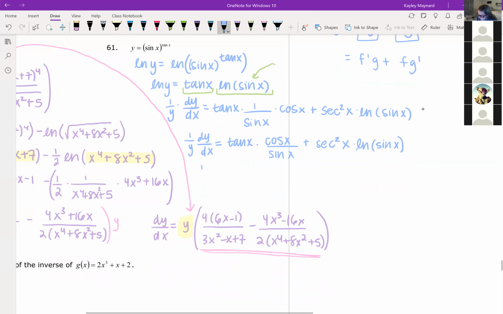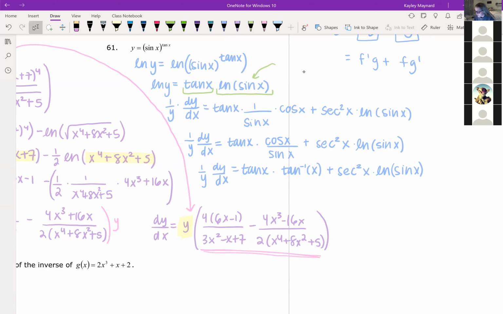So this is 1 over y dy dx, and then this is tangent x times cotangent x, plus secant squared x times ln of sine of x. All right, anyone see anything here?